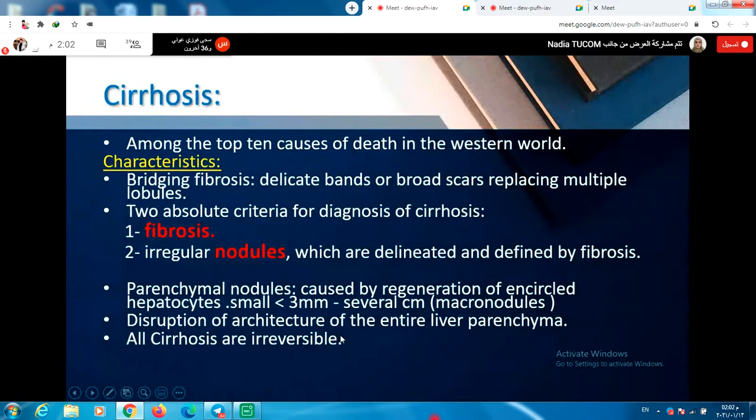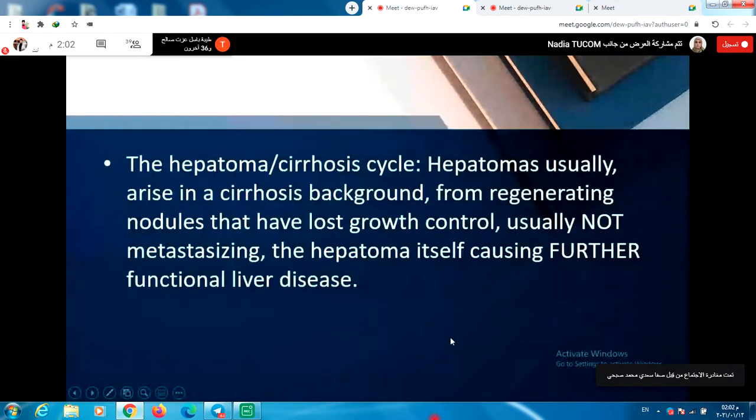There will be disruption or loss of normal architecture of the entire liver parenchyma, and cirrhosis is an irreversible process and can progress to hepatocellular carcinoma or hepatoma.